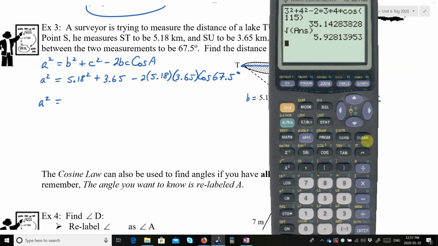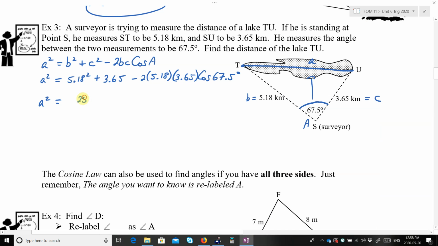So A squared is equal to 5.18 squared plus 3.65 squared, minus 2 times 5.18 times 3.65 times cos 67.5, and we get a squared equals 25.68 and a bunch of stuff.